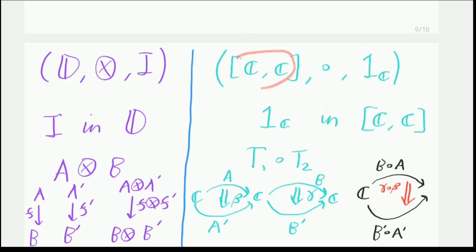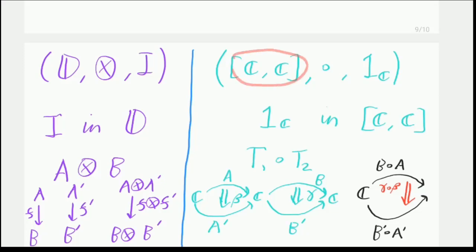So we want a functor from C to C. And what we choose is the identity functor of C, and that's going to act as our monoidal unit. That's because for our tensor product, we're just going to have functor composition, basically.